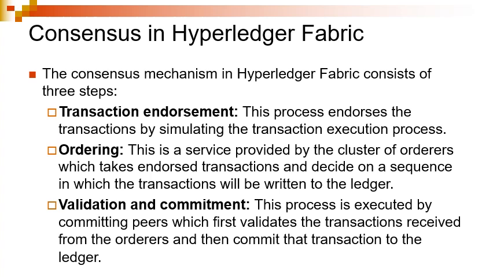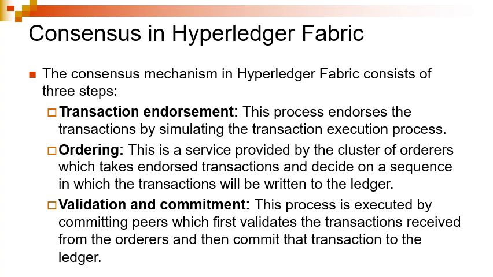Hyperledger Fabric consists of three steps for the consensus mechanism. First step is transaction endorsement, second step is ordering, and third step is validation and commitment.